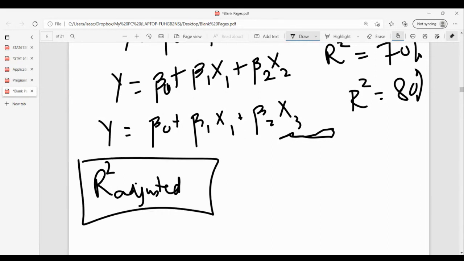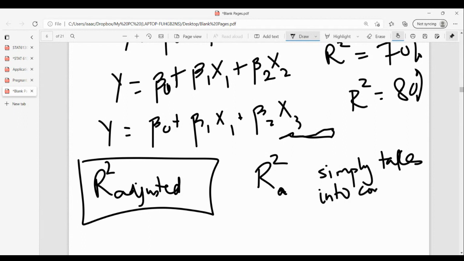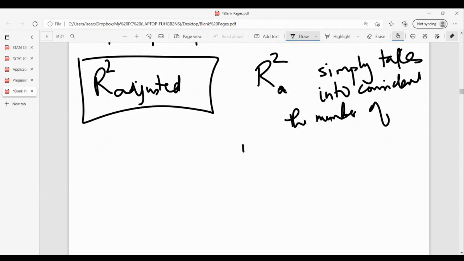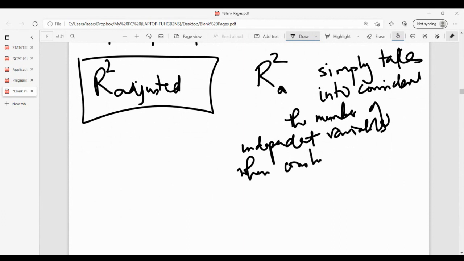The R squared adjusted, which we are calling R squared A in this section, simply takes into consideration the number of independent variables when constructing or finding R squared.